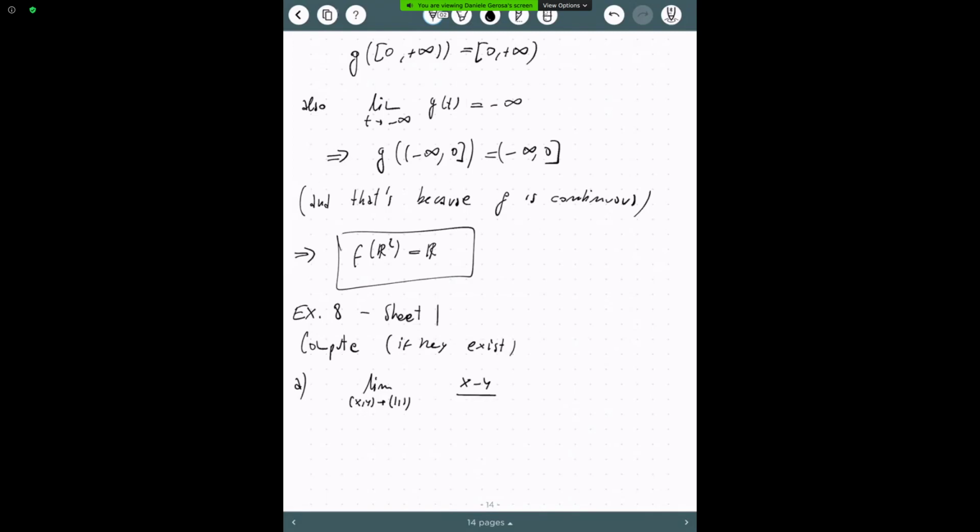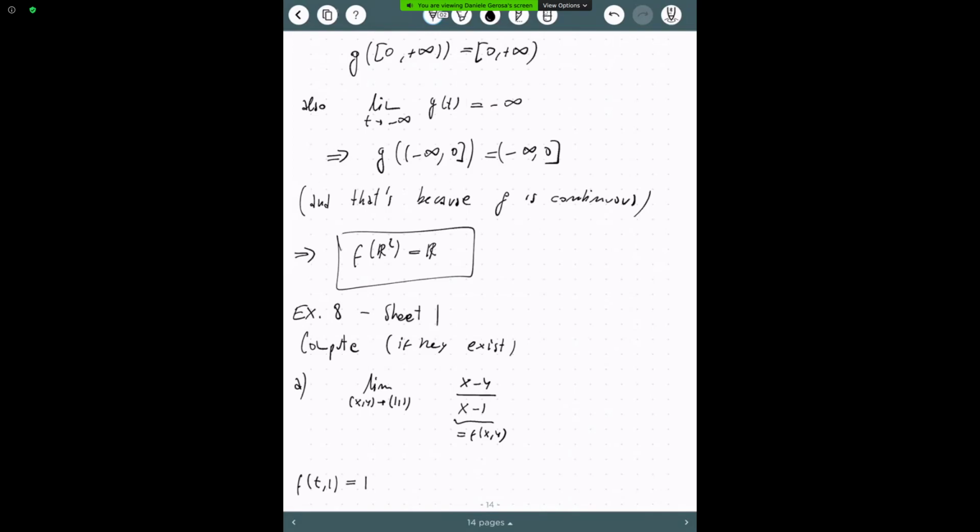And then we have x minus 1. Okay, so if I call this function f of (x, y), again, this limit does not exist. Why does it not exist? Because you can do, for instance, f of (t, 1) is equal to 1, right?